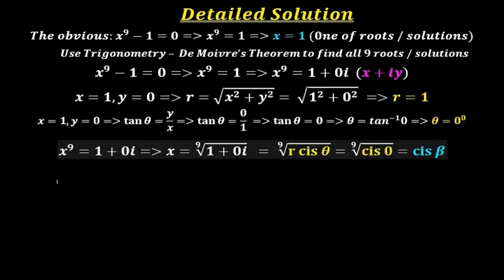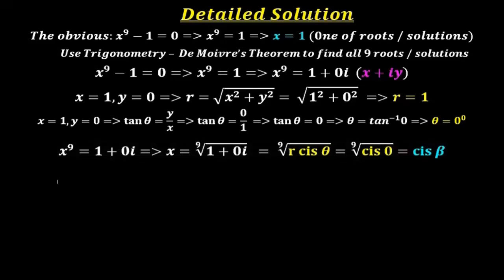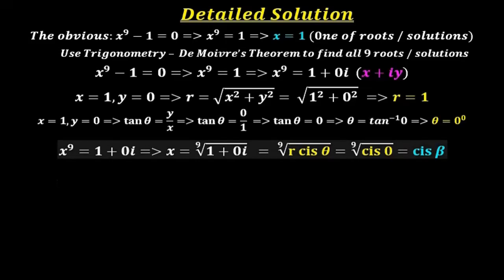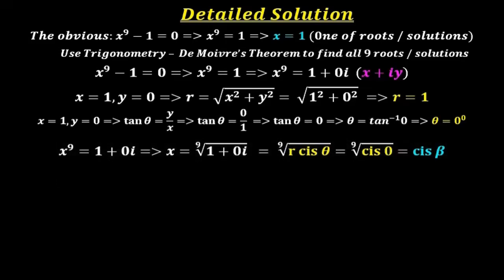That means x is 9th root of 1 plus 0i. That is equal to 9th root of r cis theta. That is 9th root of, r is 1, theta is 0, so that is 9th root of cis 0. And that equals cis beta. And we'll find what beta is.